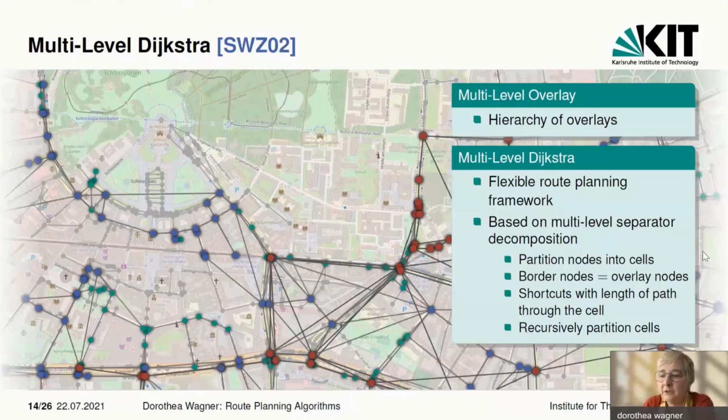Just partition the set of nodes such that we get cells, and the border nodes are these overlay nodes or important nodes, with shortcuts between these nodes. These are the shortcuts we need to build up the overlay graph, and we do this recursively. So here we have the intuition: important nodes are something like separator nodes, or nodes that separate the network.